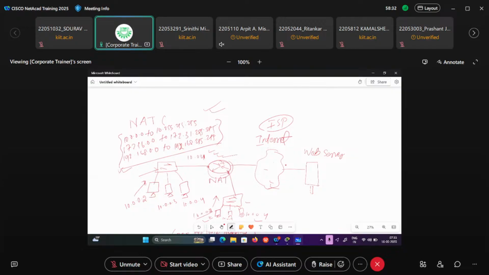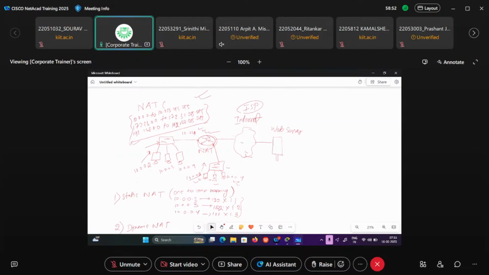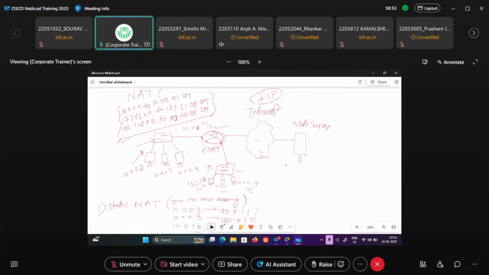If you take an example of 172.16.0.0 going up to 172.31, it becomes the private IP of class B. And for class C, 192.168.0.0 to 192.168.255.255. This is for class C. If you use any IP out of this range, that is called a public IP.